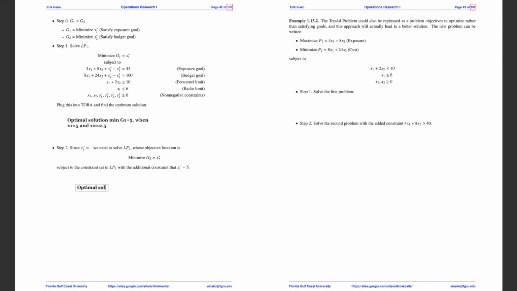Since S2 superscript plus is 0, that means that we did not go over budget. We stayed within our 100,000 budget, and we are still reaching 40 million people via the commercial while fulfilling the budget goal, doing 5 minutes of radio and 2.5 minutes of TV commercial.